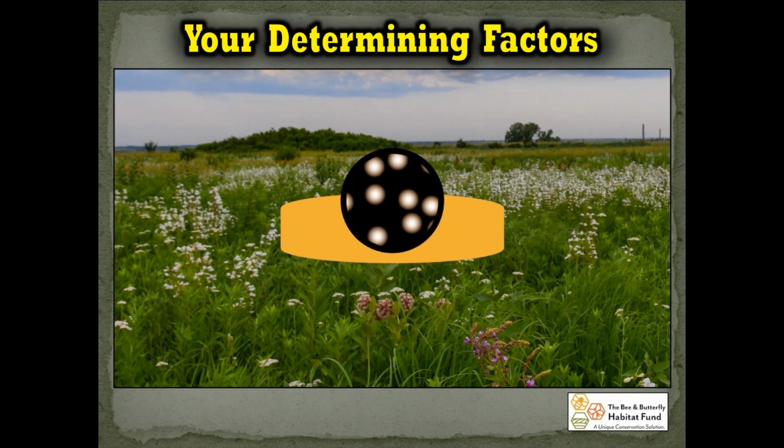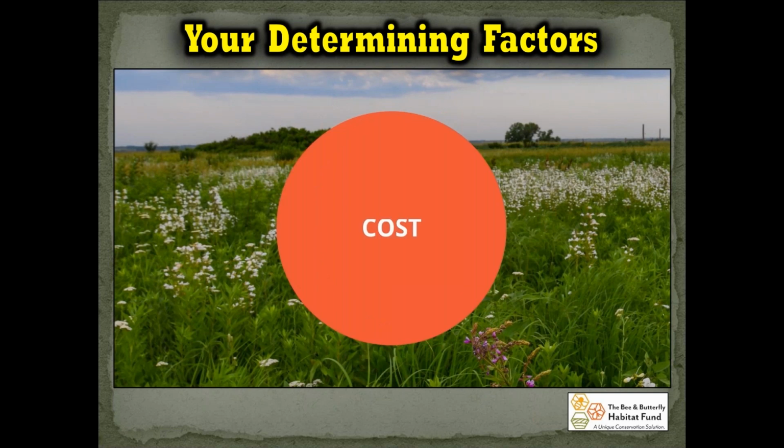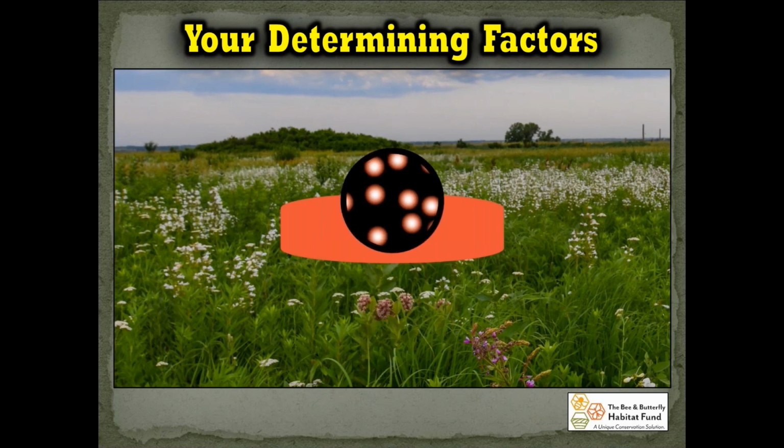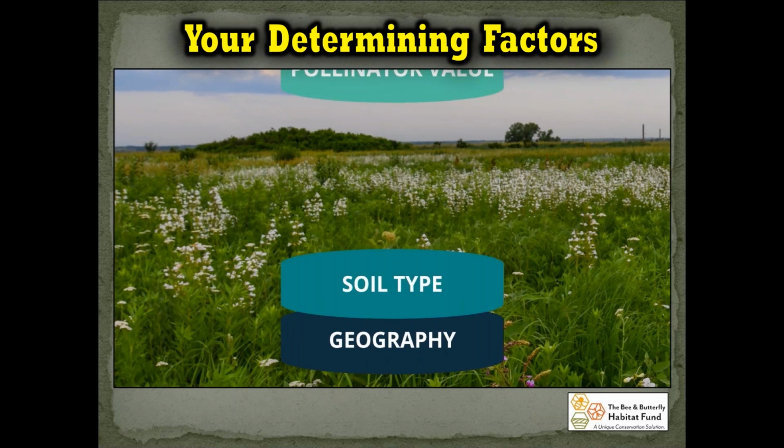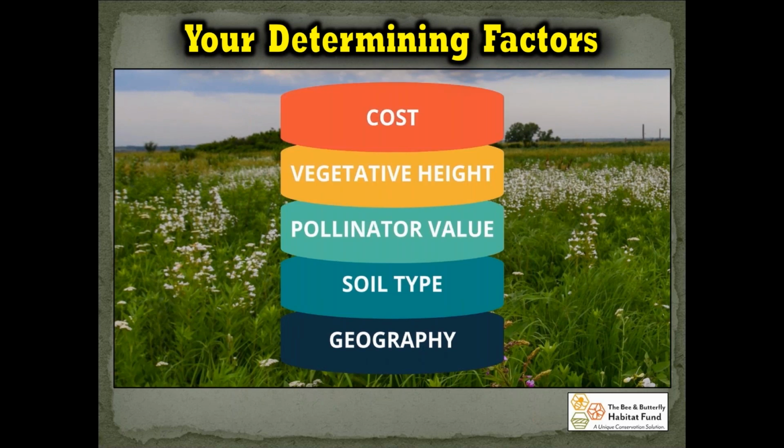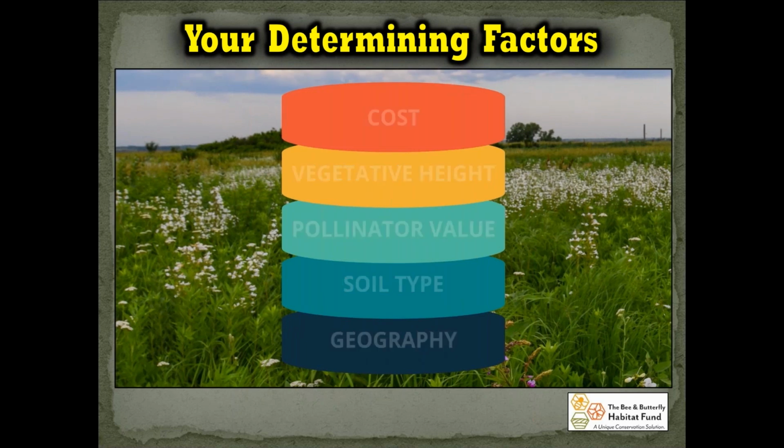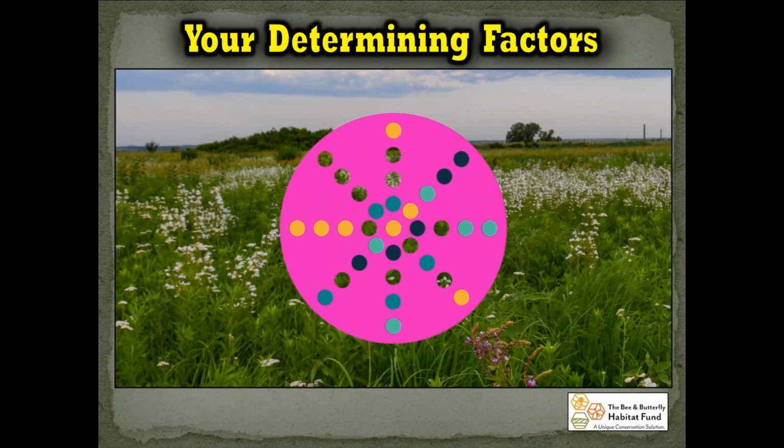And one more I'll give you, cost. I don't care if you're a landowner or a corporation, there's a budget. That should be factored into these things as well. So here's the deal. You take all of these factors, and there's more than 5, but in every one of these cases where there are holes that represent plants that will work, you lay all those factors on top of each other, and where all the holes align, that's a plant species that will work for you, that can be used in there.